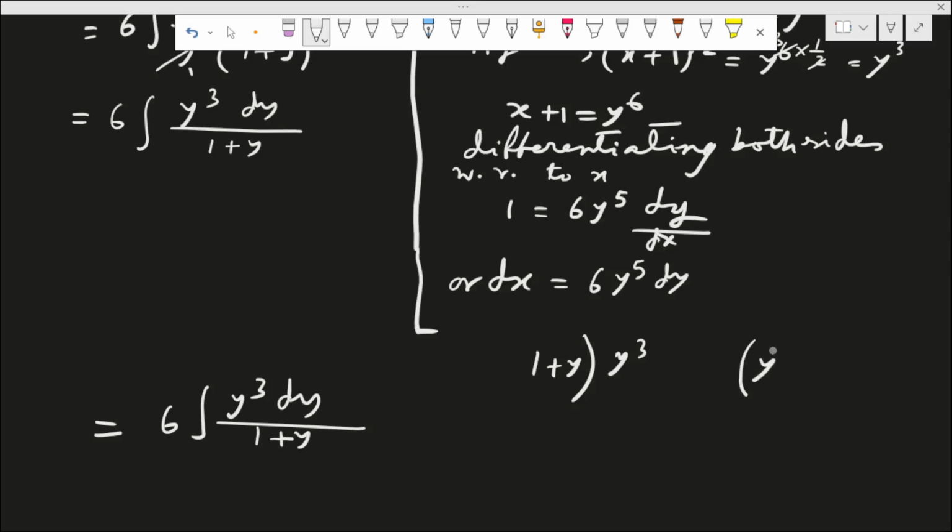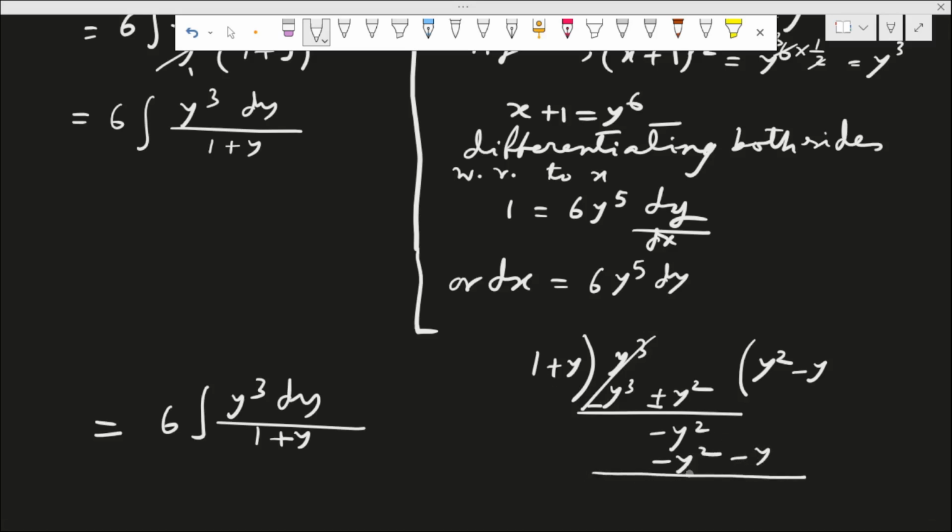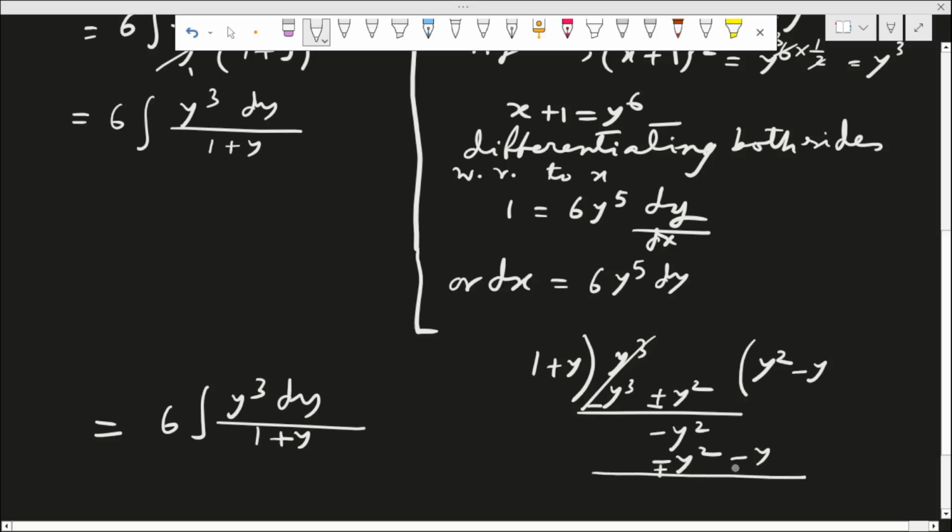We get y square, because y multiplied by y square will be y cube. So y cube is written first, plus y square. Now subtract: y cube cancels, leaving minus y square. Bring down the next term: minus y square minus y. Subtract, change the signs: we get y.